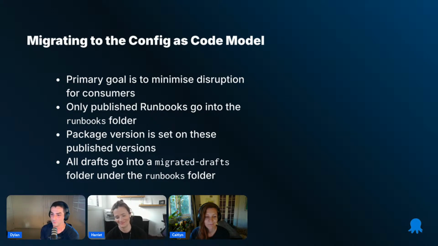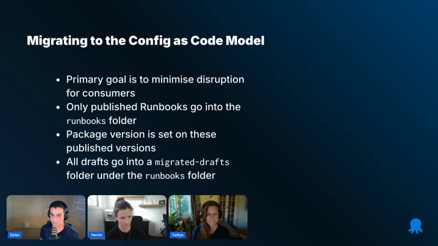Our primary goal with this was to minimize disruption around that migration. So Caitlin showed us that next, and then it's like, okay, you've just migrated into a branch. You want to get that back onto your default branch so that at 2 a.m., someone who needs to reboot a server can continue to reboot a server. To do that, we wanted to make sure that the thing that migrates is exactly the same set of published runbooks as they were before you converted to config as code.